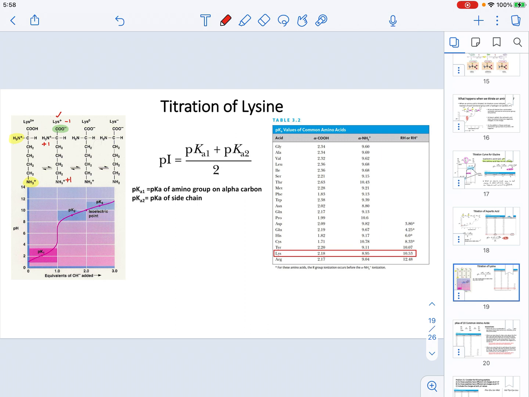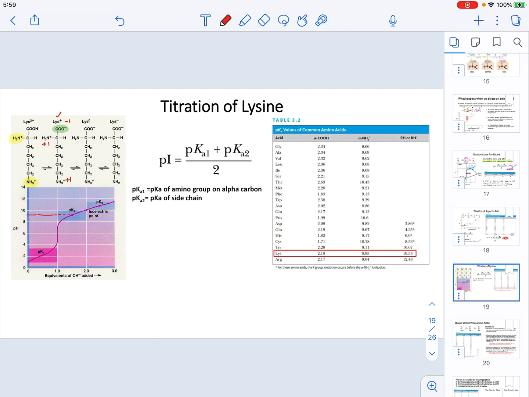So once I have reached the next pH, okay, in which now a pH value, if I look at the pKa's, is going to be a little bit higher than 9. If we look exactly here, it's going to be around 9.